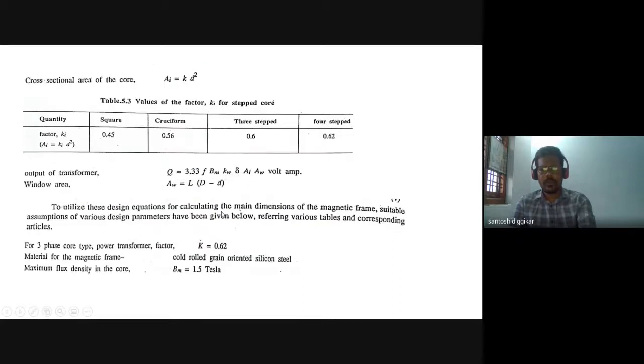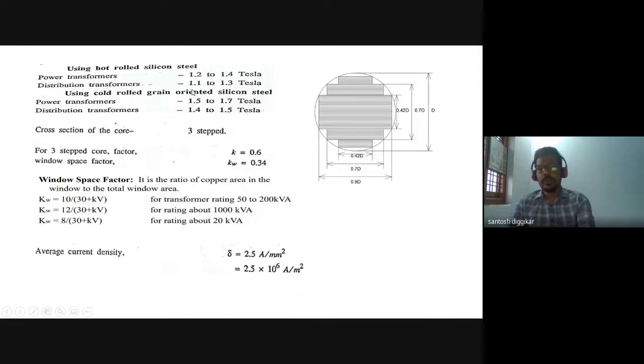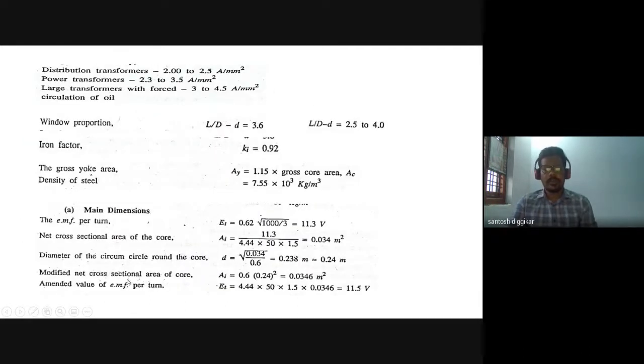So we have a formula: AI equal to k d square. The modified net cross sectional area of the core is 0.0346 meter square. The amended value of EMF per turn, when you substitute the frequency, flux density and all that, is 11.5.